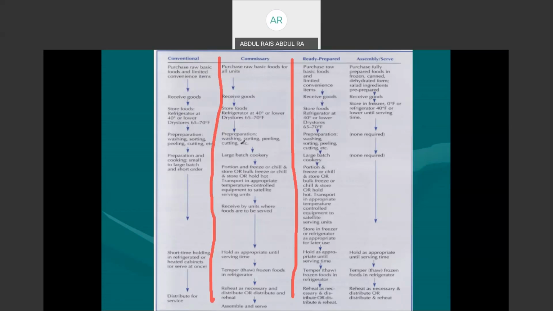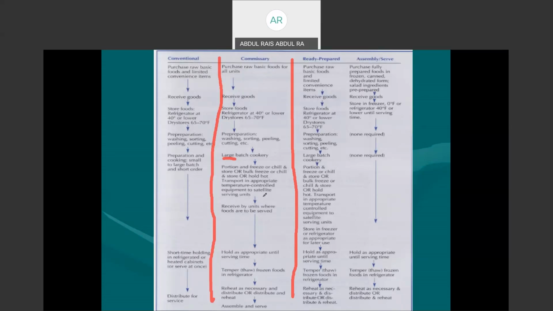During preparation, they also go through washing and sorting, and the food is cooked in, keywords here, large batch, portioned, and either chilled, frozen, chill-stored, or bulk frozen or chill-stored, or held hot and transported in appropriate temperature control equipment to the satellite serving units.